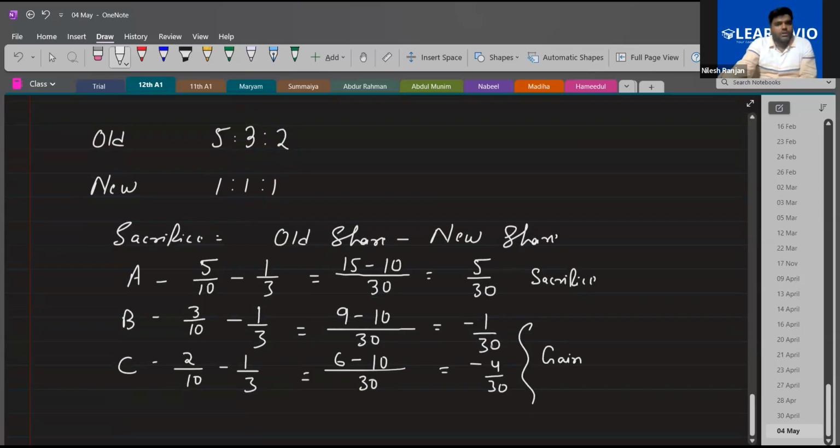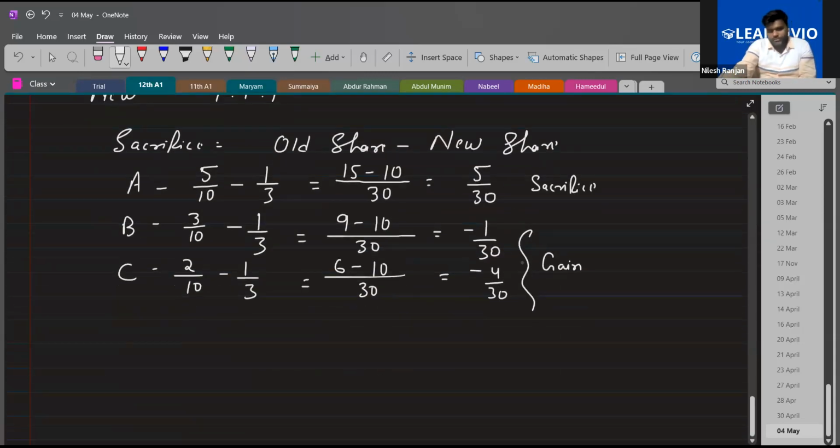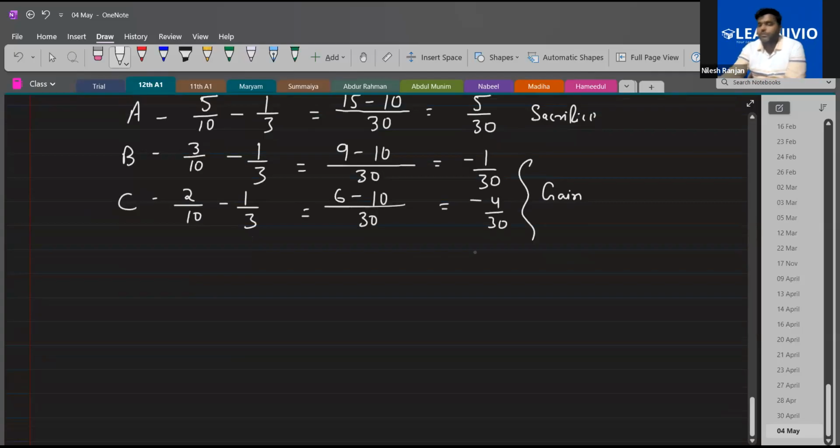Okay, now what is your problem here? This is what I have calculated. No, this part is fine, all of the values, but then how to calculate goodwill from this? Okay, very good. In this question, is there any goodwill?